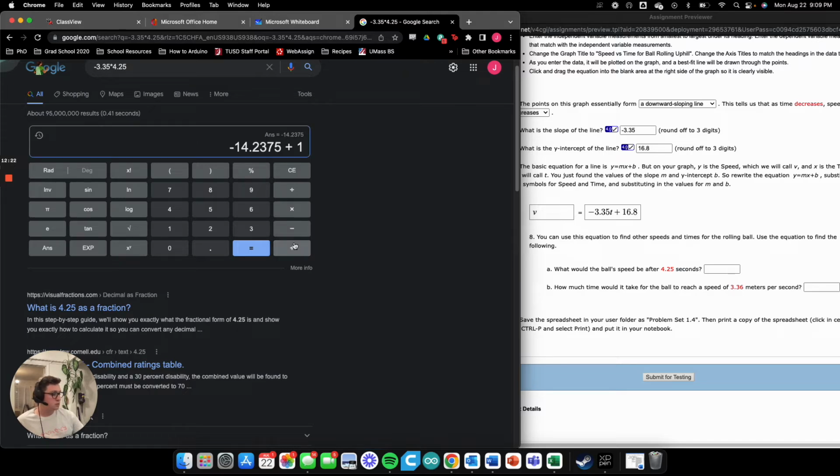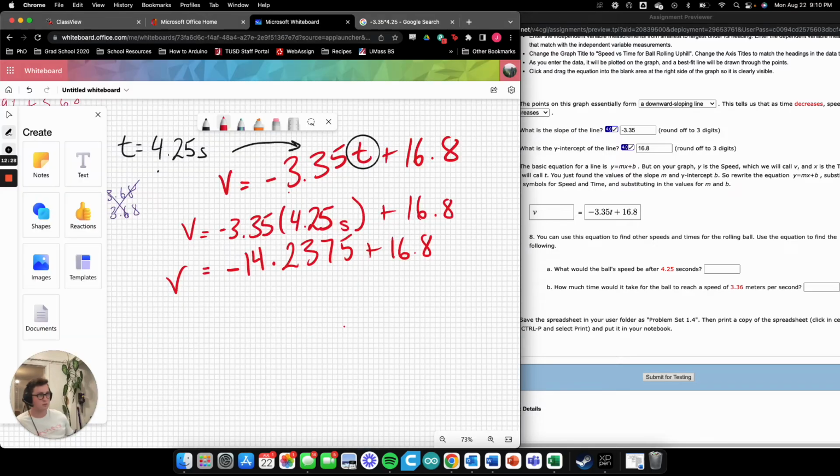Plus 16.8, that gives us 2.5625. Okay, but we have to round this off, so we're going to go 1, 2, 3, round into that number, so the final answer should be 2.56 meters per second.